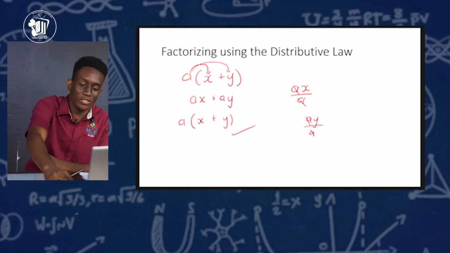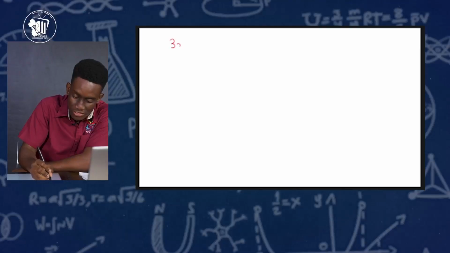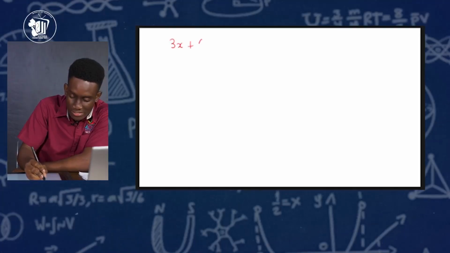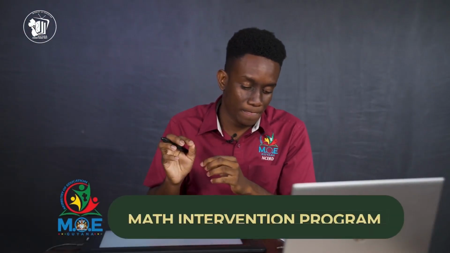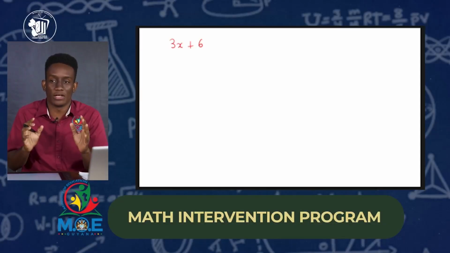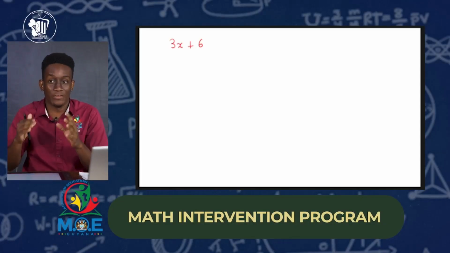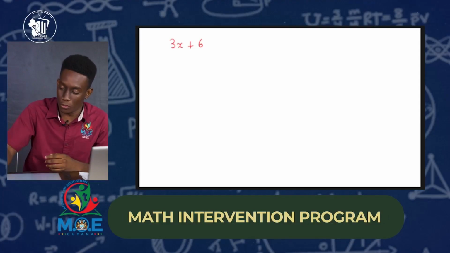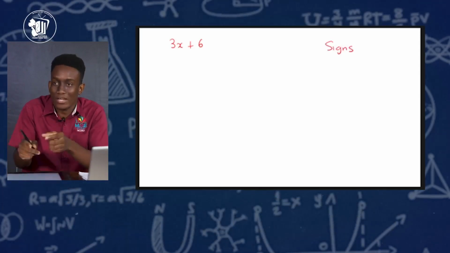Let's head more into the meat of factorization. Let's say we wanted to factorize the expression 3x plus 6. These are the common steps you would go through when factorizing. The first thing is to identify the common factors. You look at the signs first and factor out the sign.